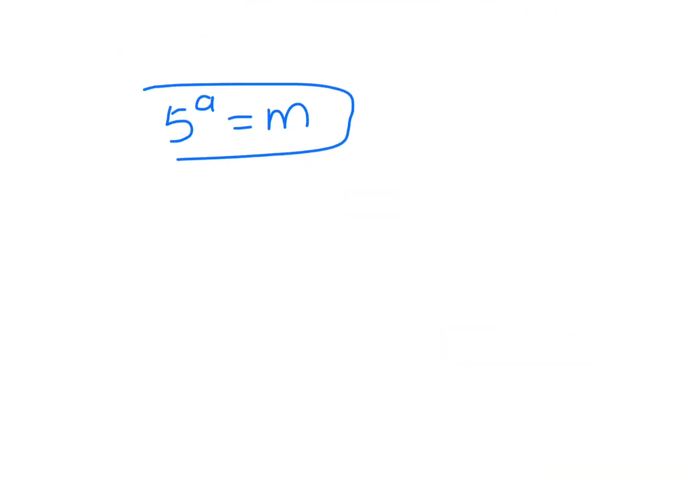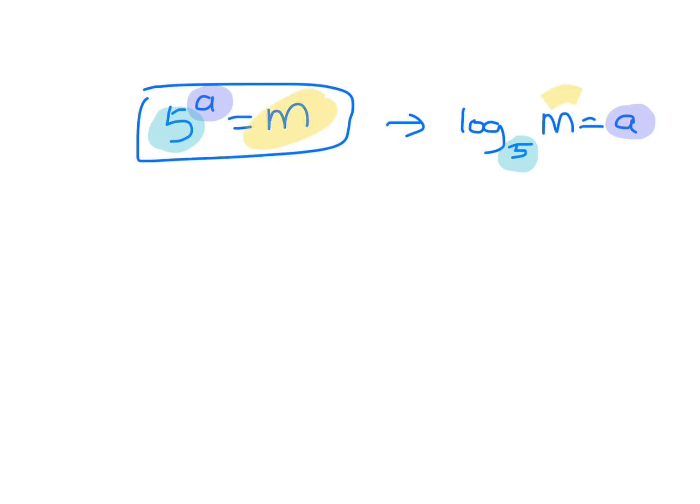So if you want to write something in index form back as a logarithm, you just go log base 5 of the number, which is m, equals a. So just remember that the a is the indice, and the log of a number is the indice. The base, which is the 5, is what goes down the bottom of the log, and the number is what you find the log of.